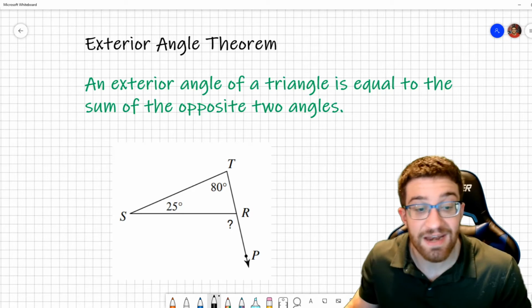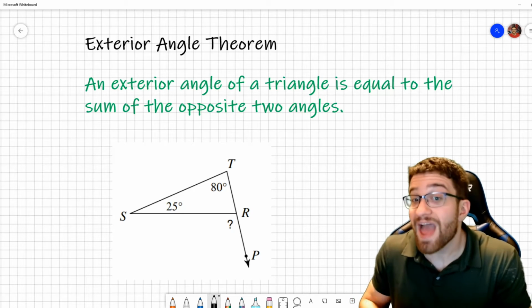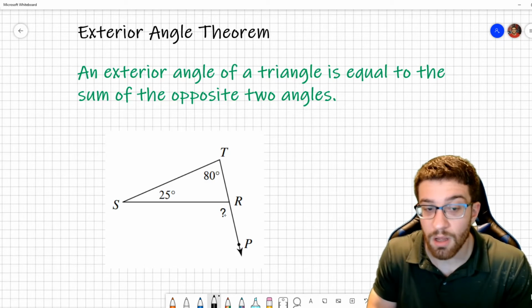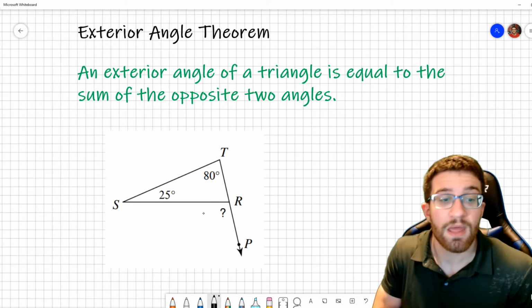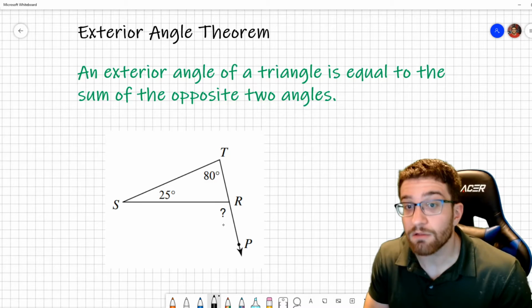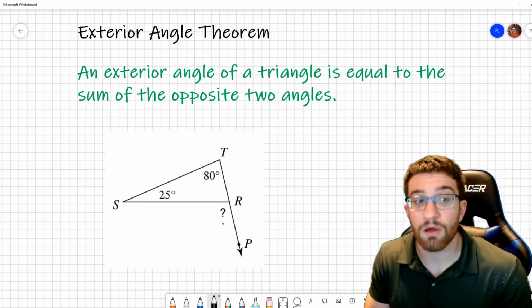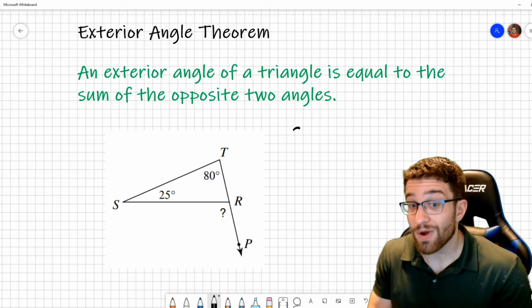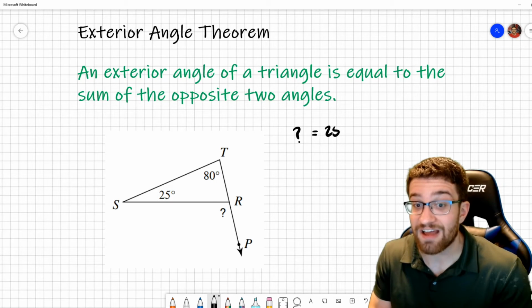What it says is that an exterior angle, that is one that's on the outside of a triangle, you can see that in the question mark here in the problem below. An exterior angle of a triangle is equal to the sum of the opposite two angles. In other words, here, the question mark angle is equal to 25 plus 80 degrees.